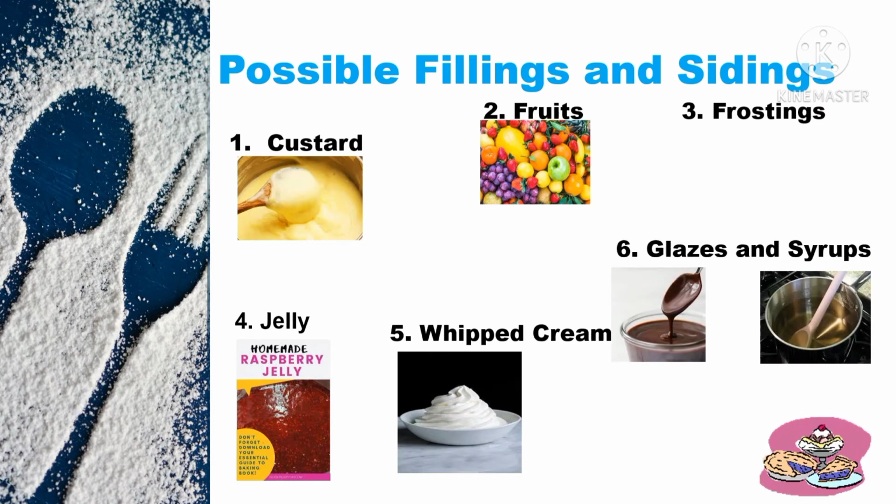Next, number 6, glazes and syrups. These can be used as fillings but will not provide a filling with any thickness. They do not provide extra flavor but help seal in the moisture of the cake.